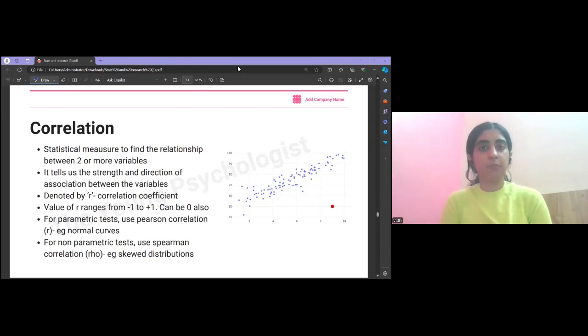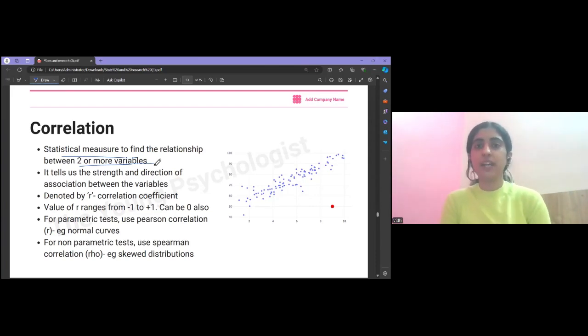Let's take an example that I have two variables. One variable is anger, and the other variable is music. If I want to understand if there is any relationship that exists between both these variables, then one tool that I can use is correlation. It is a statistical measure which helps us to find the relationship between two or more variables.